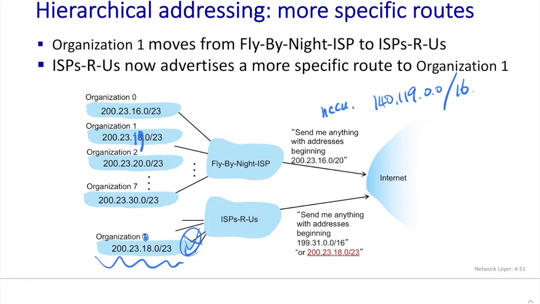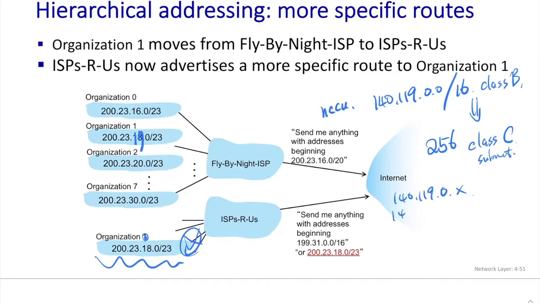We simply divide this class B network into 256 class C subnets, and the first one should be this one, the second one should be this one, and so on.